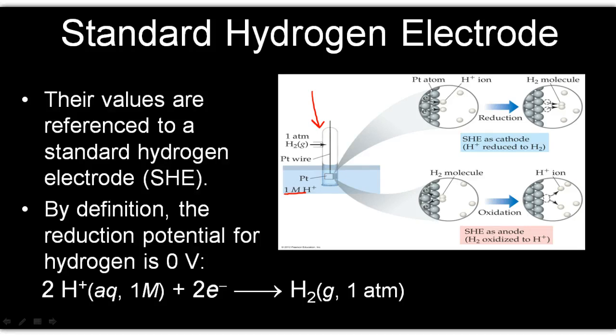And platinum is not at all involved in the reaction, it's just kind of there. Well, it's the catalyst, if you will. It's where the reaction is going to take place. So, anyways, it's not involved in the reaction.